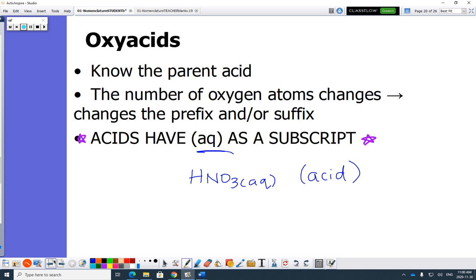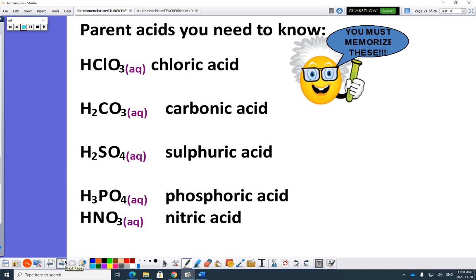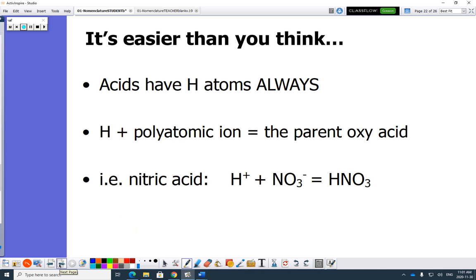Acids are water-loving. They're always dissolved in water. That's what that means. I'm going to skip this for a second. And the reason we have to say if I want you to name it as an acid is because it's actually basically an ionic compound with hydrogen.